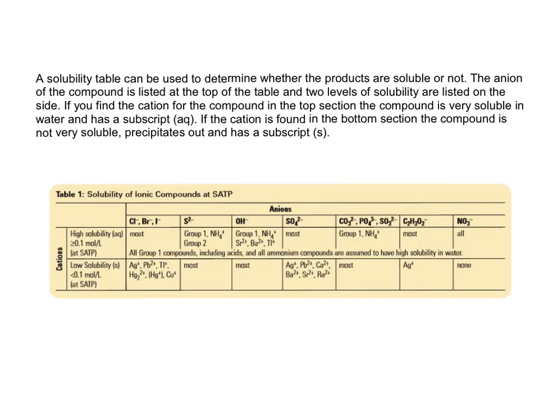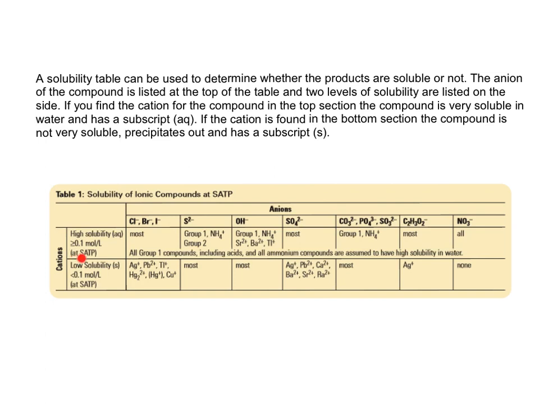So we use solubility tables to determine whether the substance is soluble or not. There are different ways to look at them, but this one has the negative ions, the anions, at the very top here. And on the side here, we're going to be dealing with cations and, as a result, solubility. So if you find your cation in this section of the table, it's going to be soluble, and our subscript will be AQ.